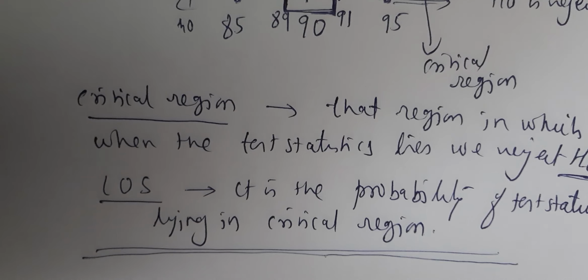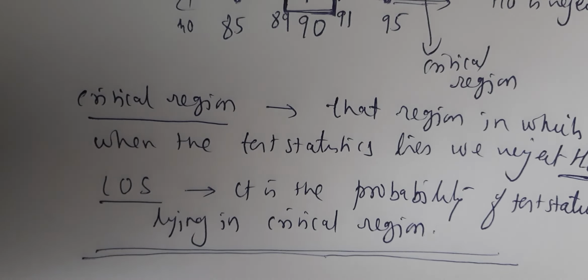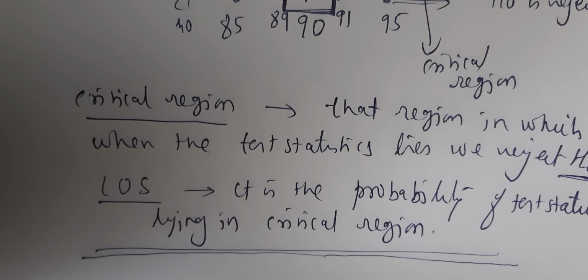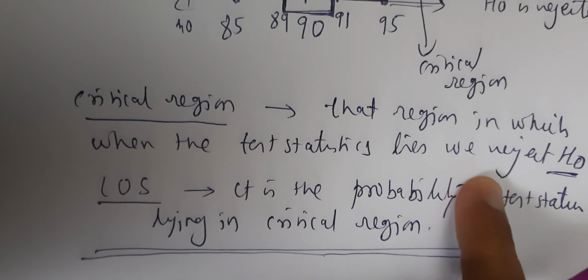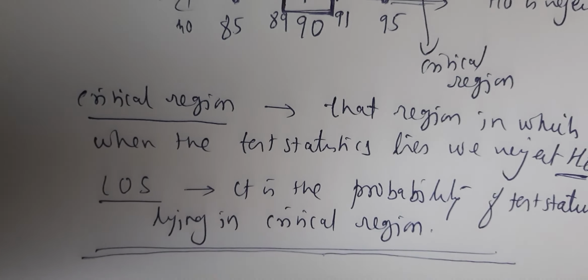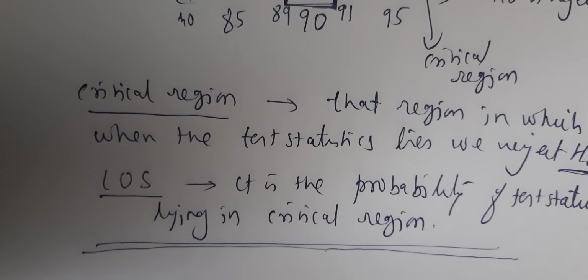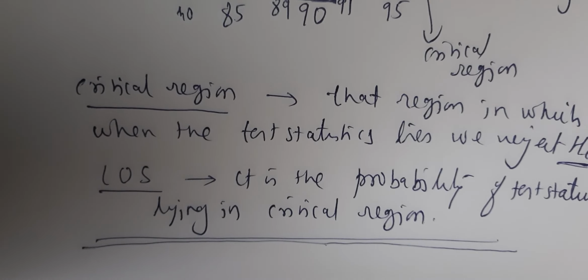I am making a very small video, just 15 to 18 minutes, because the topic is a little heavier. So understand just these two definitions: the critical region means the region in which, when the test statistic lies, we reject the hypothesis, and the probability of that lying in the critical region is the level of significance.